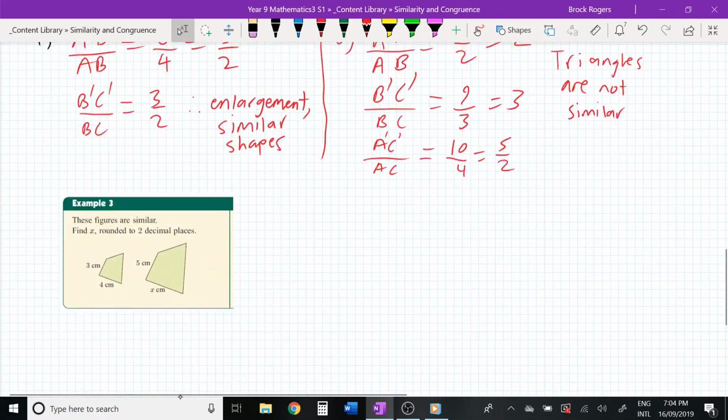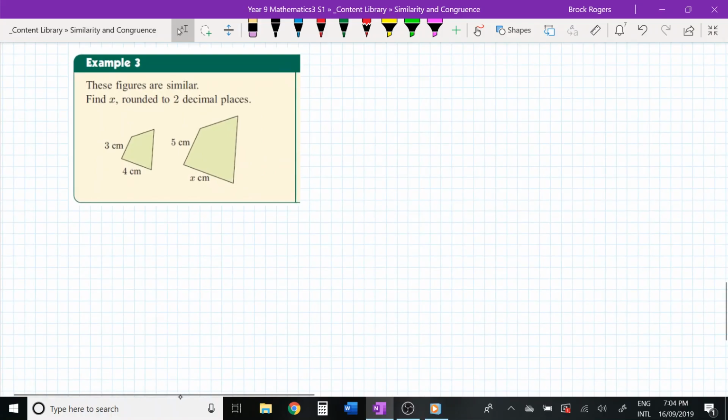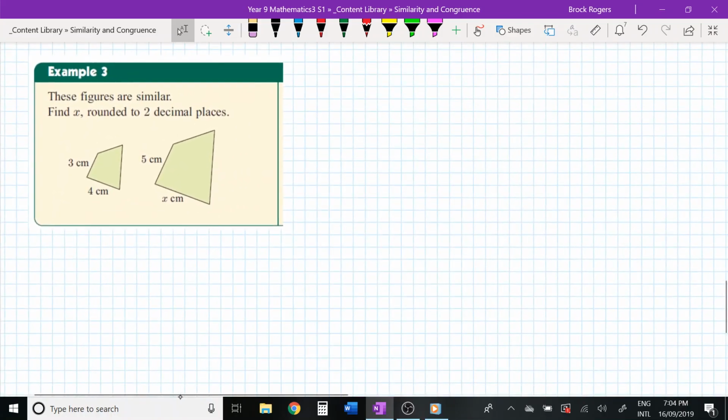There you go. All right, so in this other example here, we're going to determine an unknown, given that the figures are similar. If they are similar, then we know that the ratio of the lengths 5 over 3 must be the same as x over 4, where the second shape's lengths are in the numerator position and the first shape's are in the denominator.